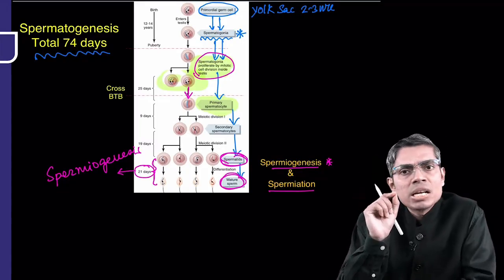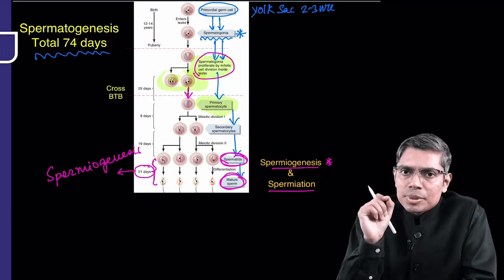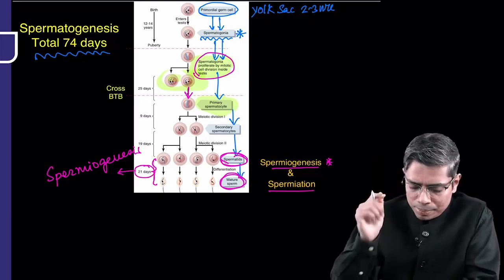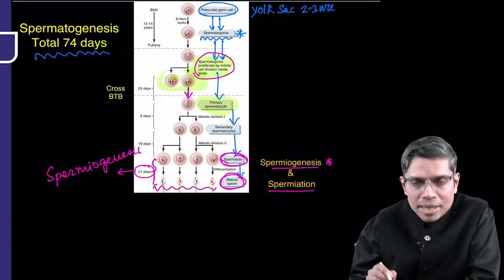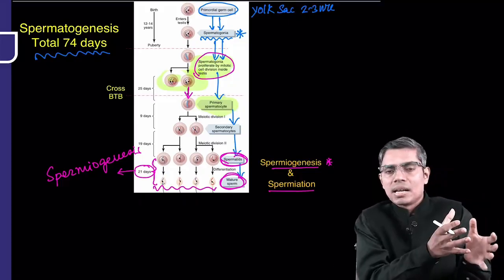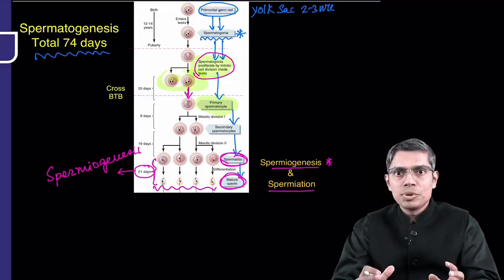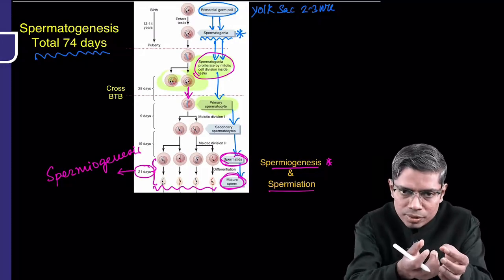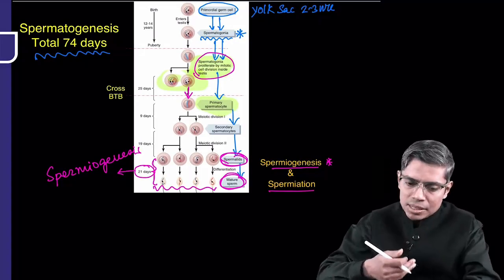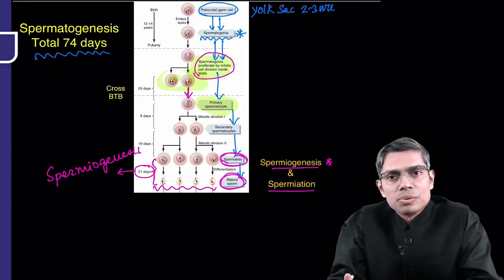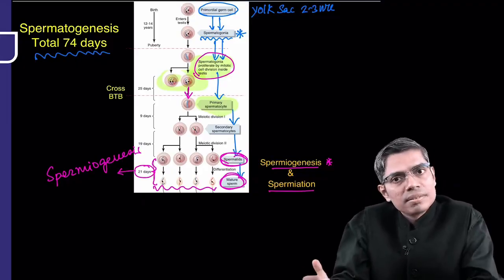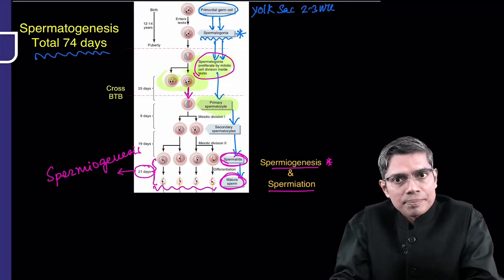The whole process is known as spermatogenesis, but spermiogenesis means the last steps where the spermatid is converting into mature sperm. Now I told you that even after formation of the mature sperm, the cells will remain attached with the mother cell. And who is the mother cell? Sertoli cell. So you have to release the mature sperm from the Sertoli cell, and then only the sperm will be able to start its journey towards the vagina, right?